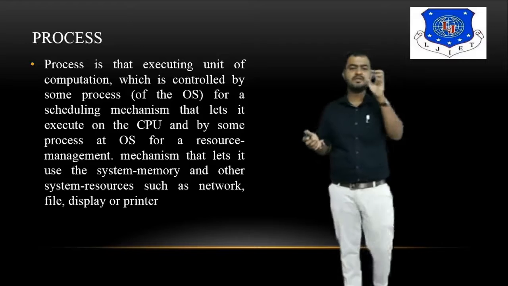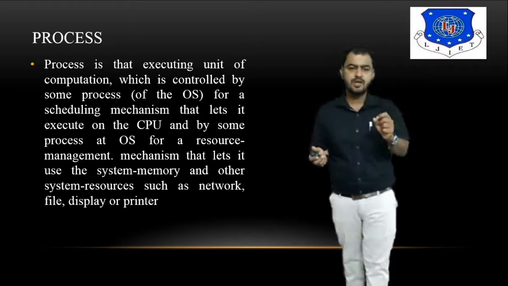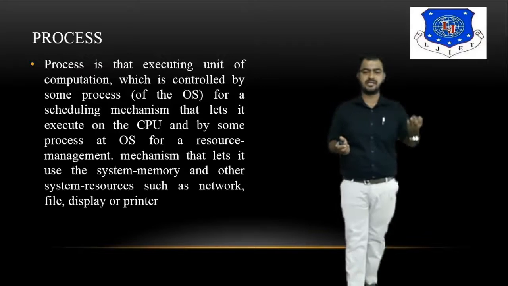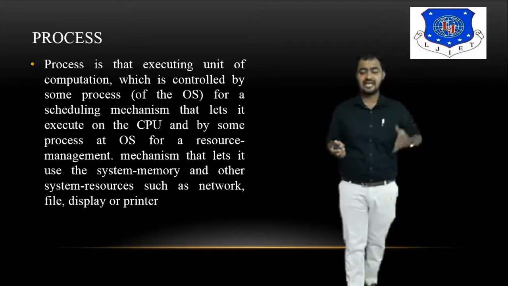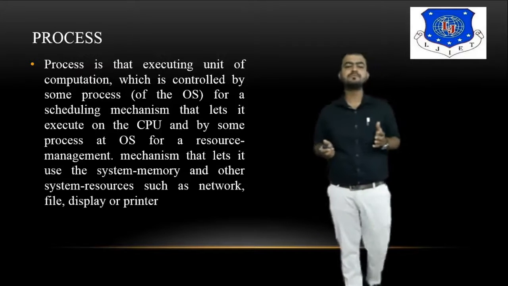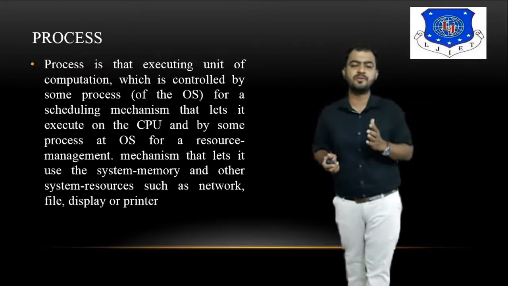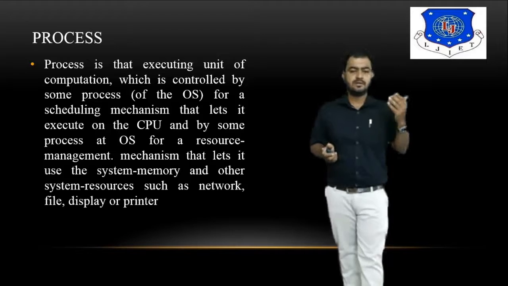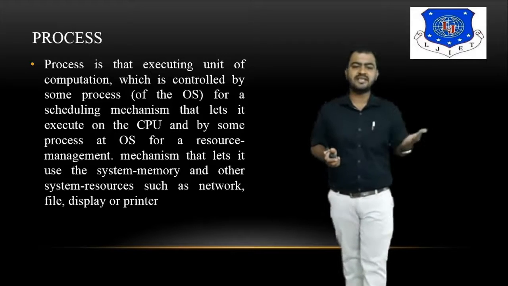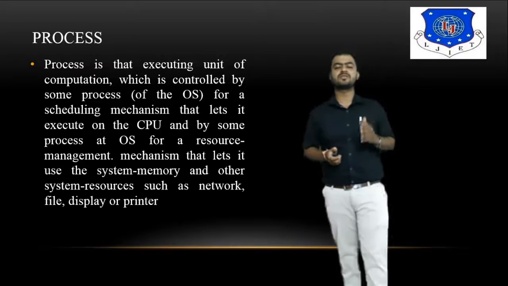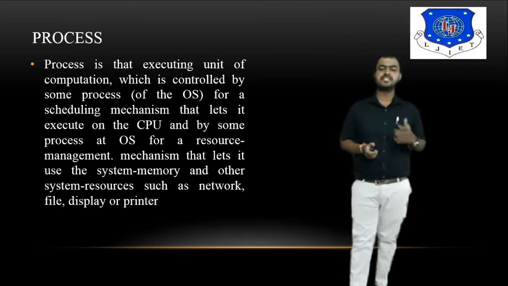There is a scheduling mechanism, because there are steps: start, run, execute and stop. The scheduling mechanism lets it execute on the CPU, and the OS manages resources and other system resources such as network, file, display or printer.